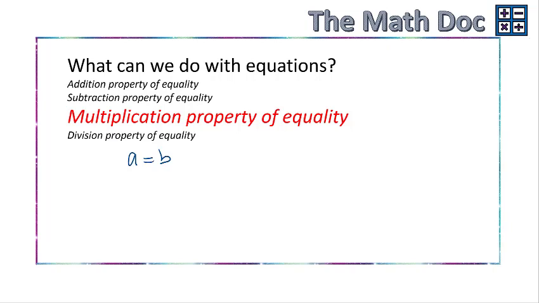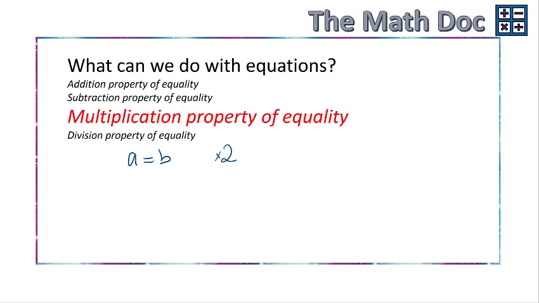So they're both the same because they have to be equal. And now what we're going to say is, let's multiply this equality, say, by 2. And we can do that as long as we multiply both sides by the same number, with one single caveat that I'll bring up a little bit later.